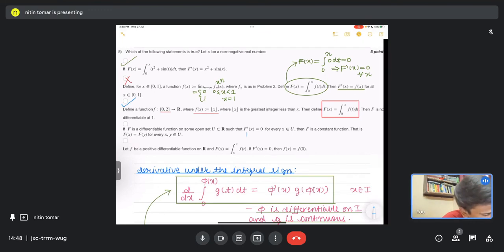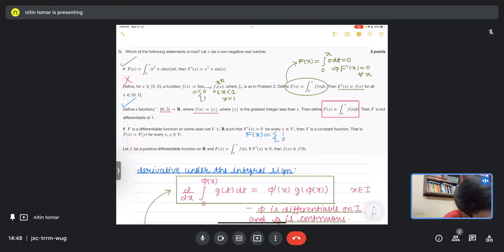So for example, if we take f of x to be 1 and 2 for x between 0 to 1 and x between 2 to 3, then you can clearly see that if you take U to be the union of (0,1) and (2,3), it will be an open set. F is differentiable there, and in fact f prime x is 0 because f is 1 and 2. But capital F is not a constant function, so this is not true.